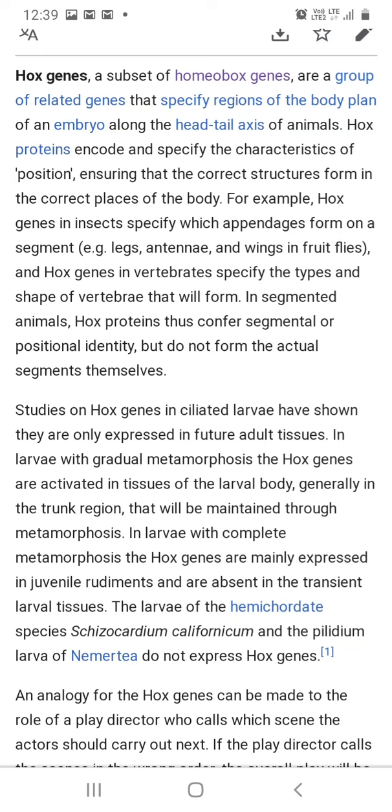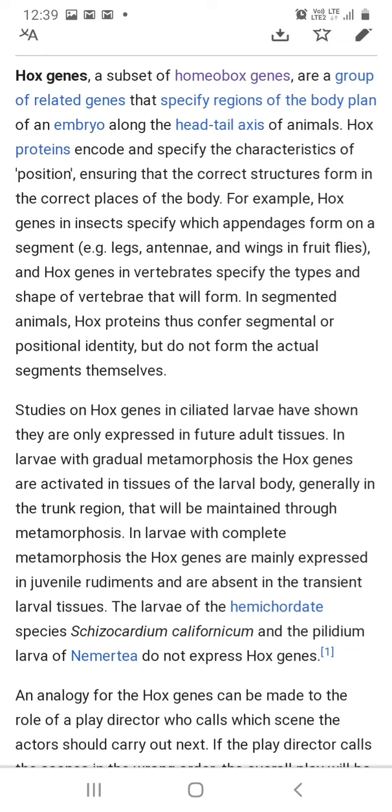So, when we talk about mice and humans, we see that they also have clusters of homeobox containing genes, and these genes are expressed in particular segments of the animal, just like in fruit fly. In humans, there are 38 genes which are divided into 4 clusters, each located on different chromosomes.